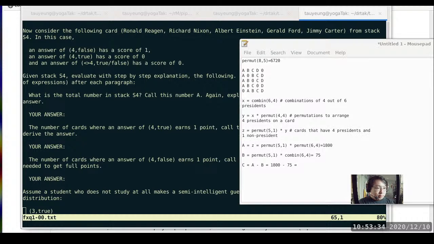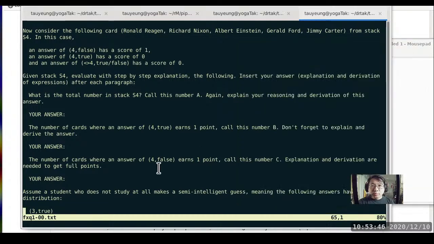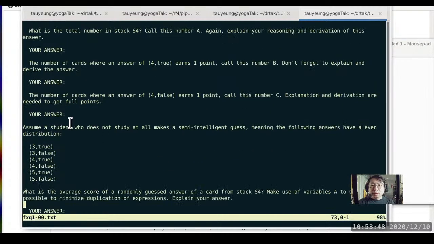I'm just doing the calculation on a spreadsheet on the side. And that turns out to be 1725. All right, so we are almost done here. The number of cards where we just answered that, but that's C. So assume a student who does not study at all makes a semi-intelligent guess, meaning the following answers have an even distribution.